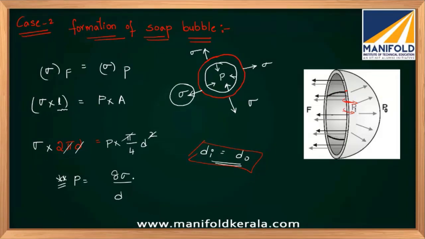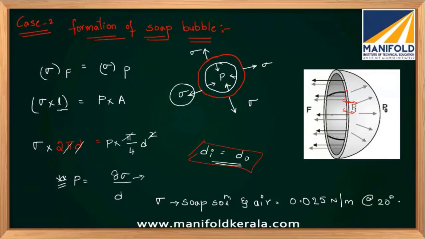The surface tension value, sigma, for the soap solution and air interface is taken as 0.025. This is at room temperature, 20 to 30 degrees centigrade.